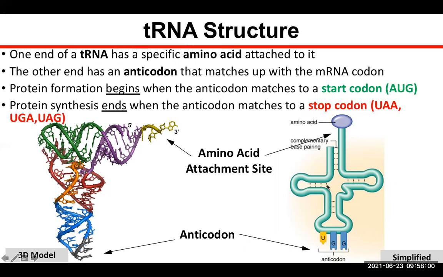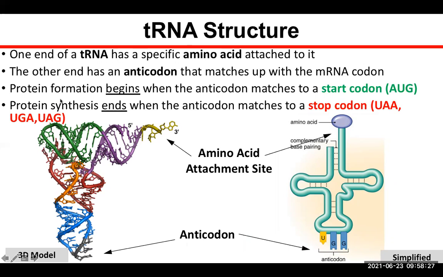And on the opposite end is where your anticodon is located. These 2 parts of the transfer RNA are really important to understand because they both facilitate the translation process. Again, this anticodon is going to be the complementary sequence to whatever is on the messenger RNA.